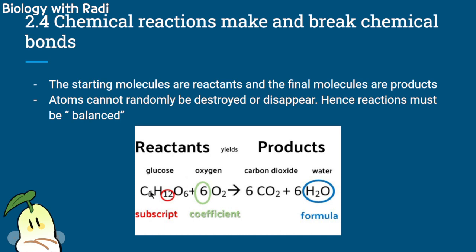For example, on the reactant side, we have 6 carbons, and on the product side, we also have 6 carbons. On the reactant side, we have 12 hydrogens from the glucose, and on the product side, we also have 12 hydrogens, because one water molecule has 2 hydrogens and there are 6 of them. That makes up 12 hydrogens. And so that's what balanced reactions are.